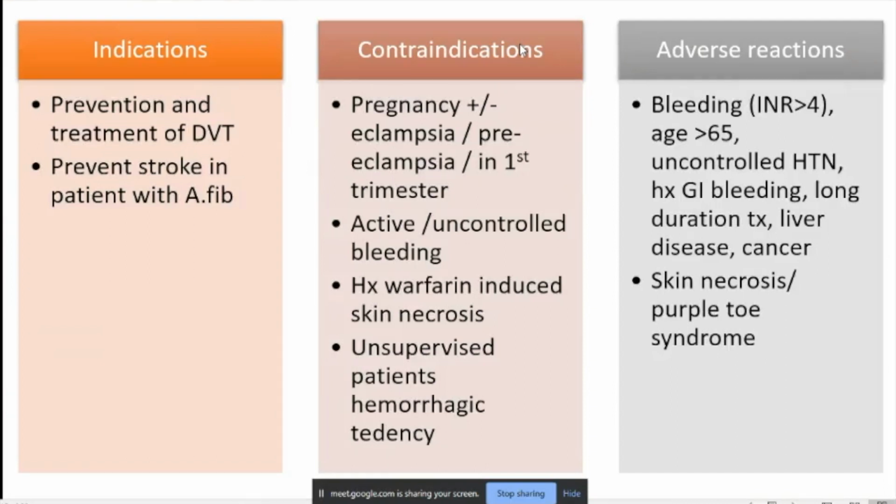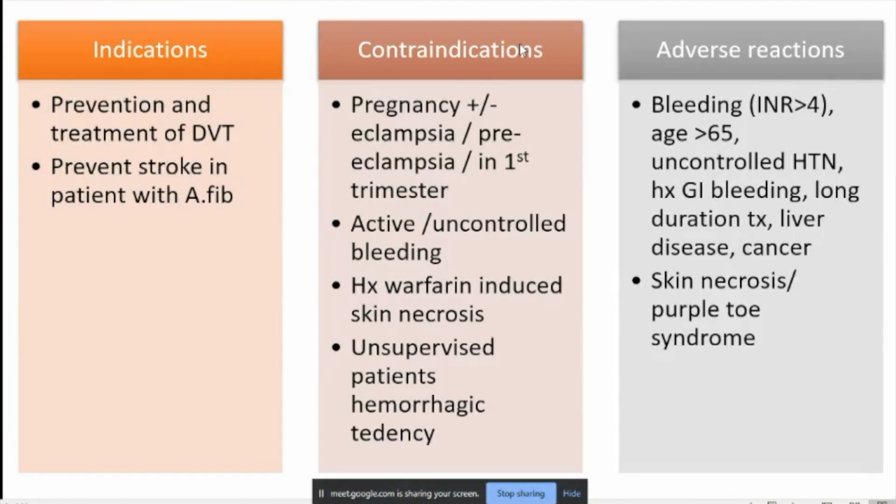If there is a lack of patient cooperation, if the patient says, I cannot go every week or every 3 weeks to get the INR, then can we start warfarin? No, we cannot. If the patient is unsupervised, like homeless people, they are not able to go and do the INR, so we cannot initiate warfarin in those patients.